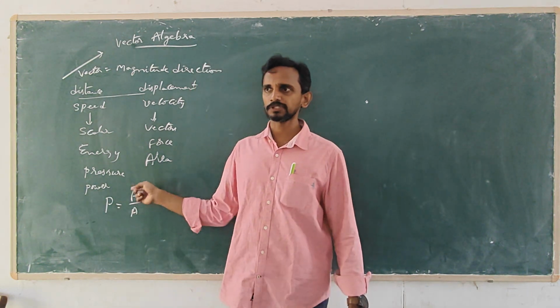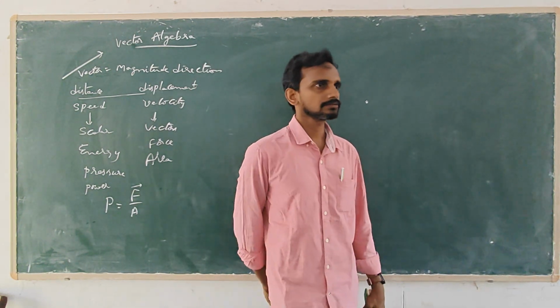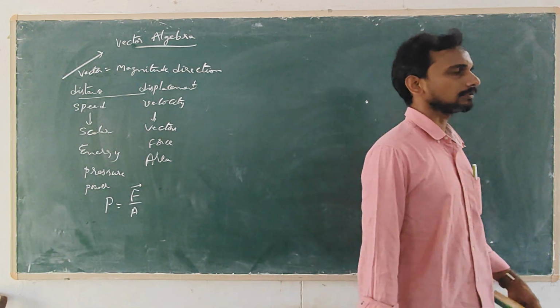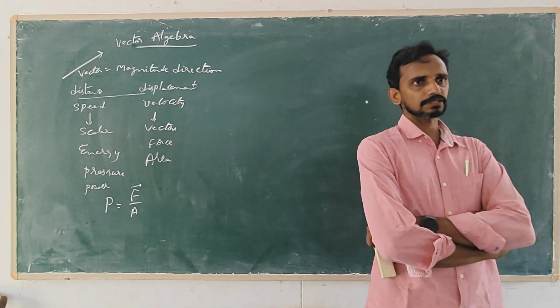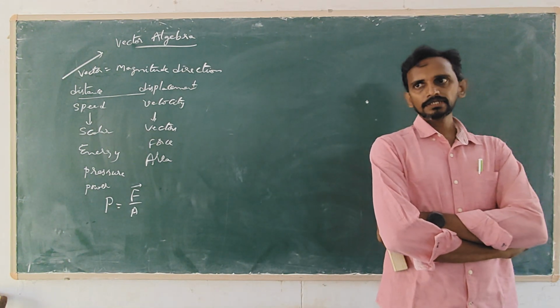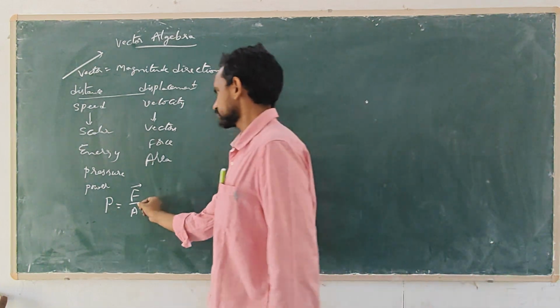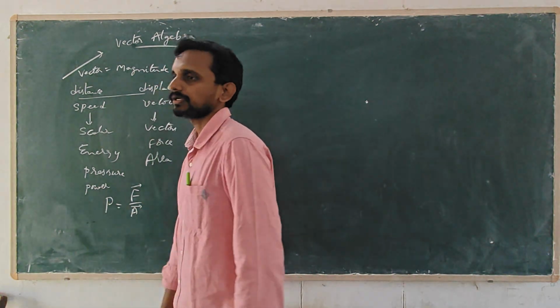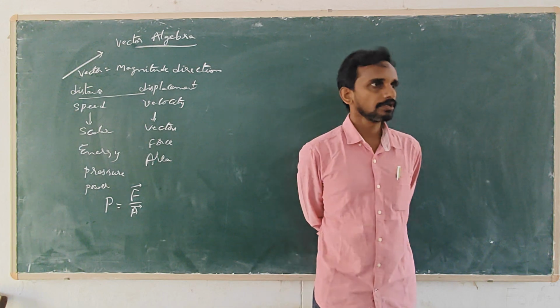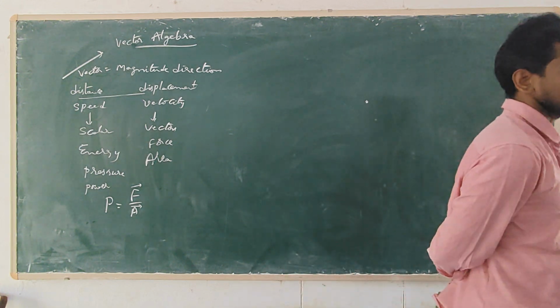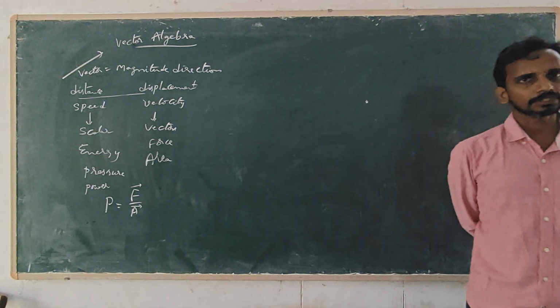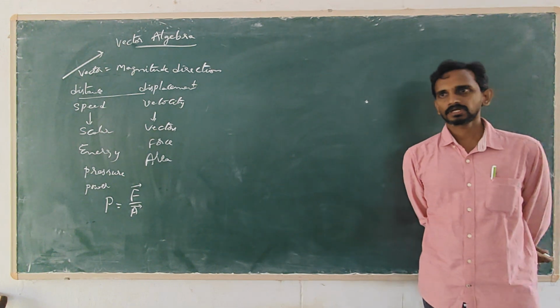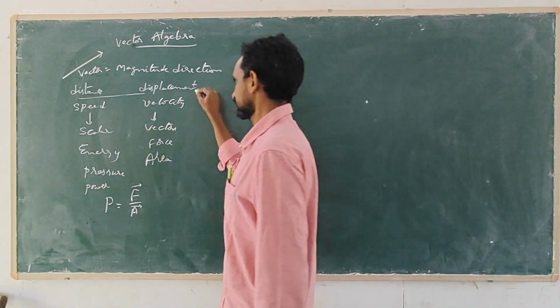So somehow you have to convert this vector also into a scalar. అప్పుడు మాత్రమే left hand side you have a scalar. Right? So here area is also a vector. ఏరియా అనేది కూడా ఒక వెక్టర్ గానే బిహేవ్ చేస్తుంది. So దాని డైరెక్షన్ ఏంటి అనేది తెలుసుకోవాలి. ఓకేనండి? So that is one aspect.